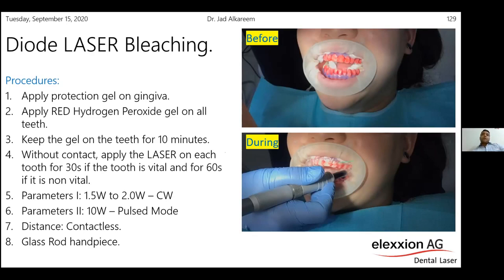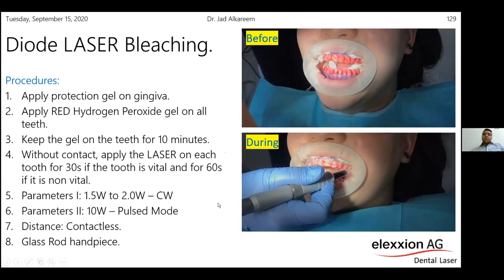So while you are doing the bleaching, you also have some kind of effect on the hypersensitive tooth. That's why after the treatment, the patient will not complain of discomfort or hypersensitivity as he complained from the normal bleaching devices in the clinic.